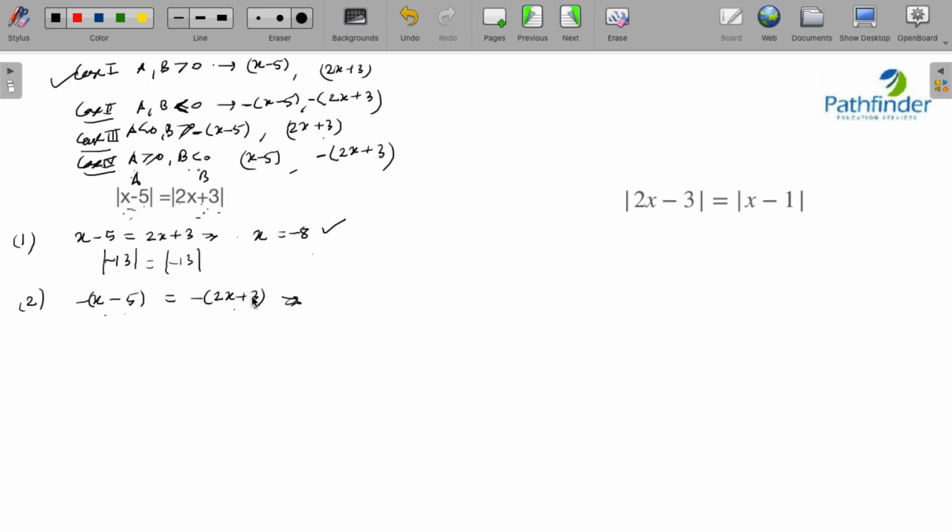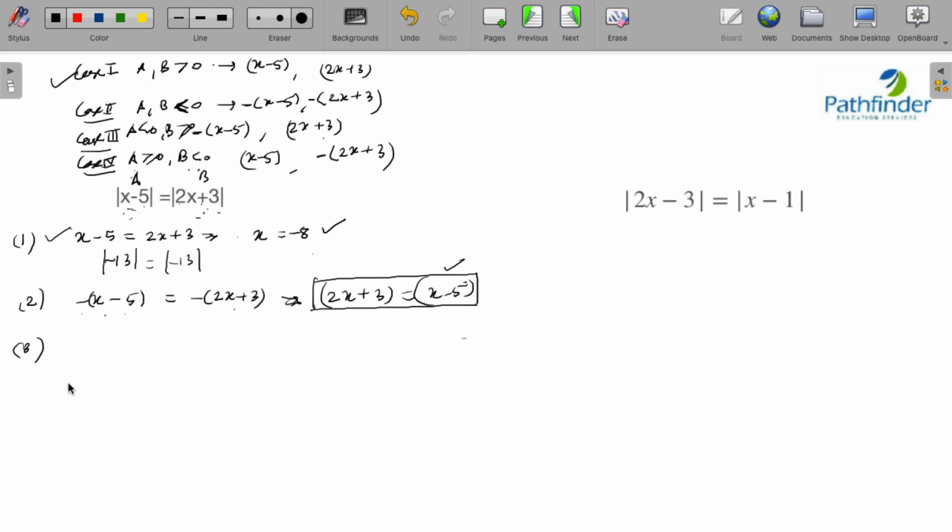So minus of 2x plus 3 on the left hand side will become simply 2x plus 3, and minus of x minus 5 will simply become x minus 5. But if you see this equation, it is the same as your condition number 1, and hence will give us the same answer. So we don't have to worry about solving this equation.